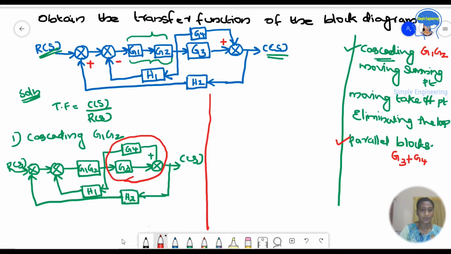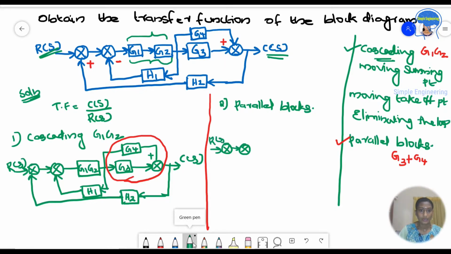So we can check how that works over here. Your diagram will change. The second step is parallel blocks, which you have to combine. This is your R of s. Already we have G1 G2 combined.